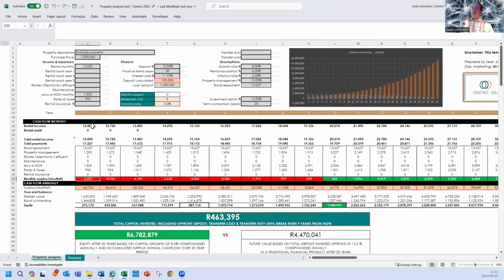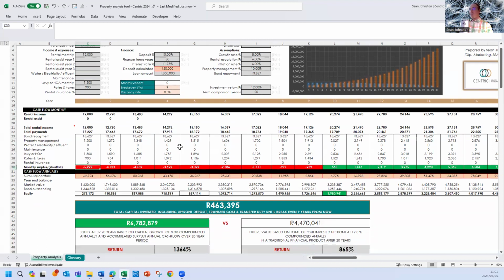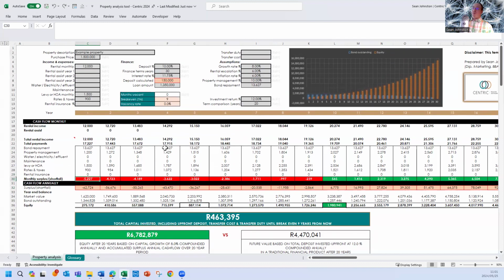Quite simply, if I didn't have a rental of 12, your expenses would be 12,227 and nothing to offset it. So the idea behind the principle of investing in property, this is not the ideal situation. You ideally want to be breaking even immediately, which I'll show you an example just now.